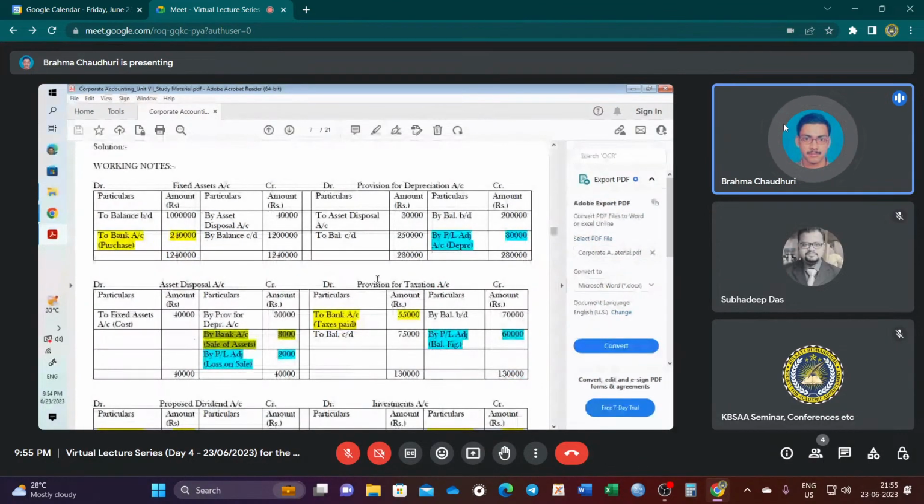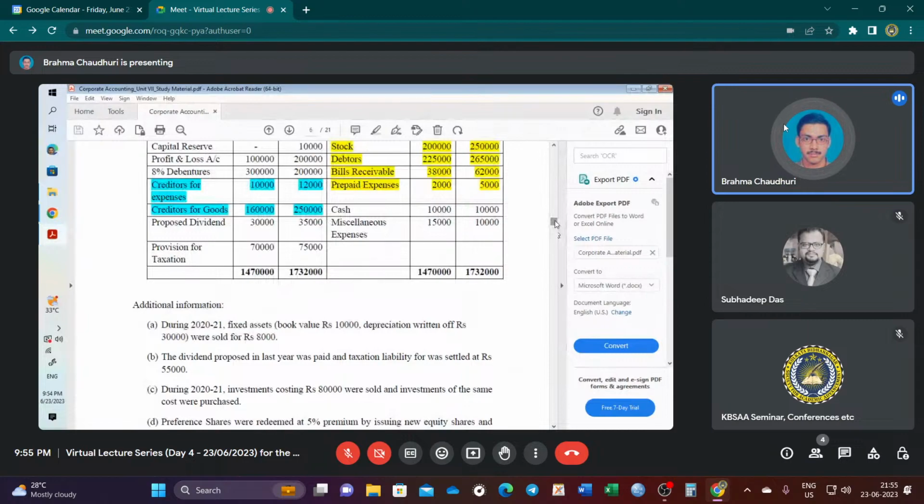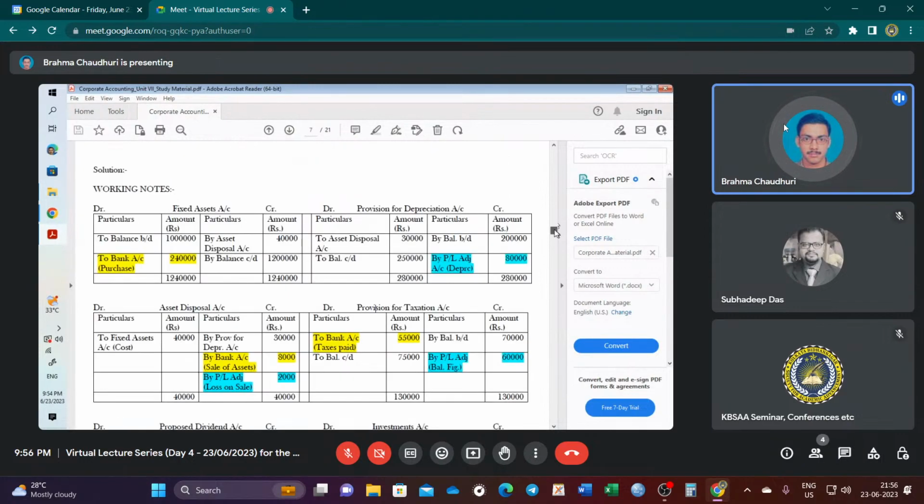Now we will focus on the provision for taxation. If we analyze the problem, we will find that the opening balance of provision for taxation is 70,000 and the closing balance is 75,000.